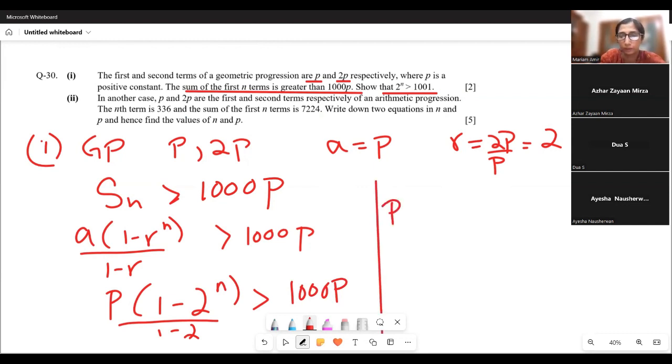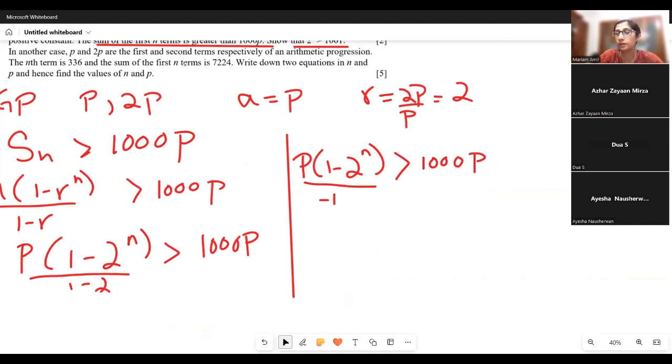So P(1 minus 2^n) upon minus 1 is greater than 1000p. Send negative 1 to the other side, but remember this is an inequality. So the sign will flip.